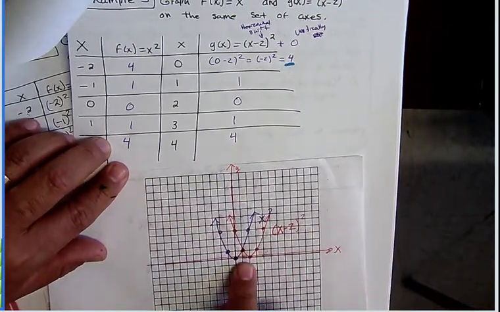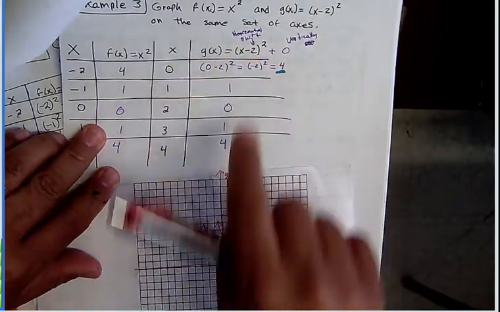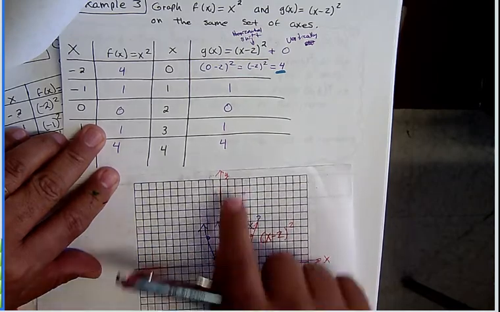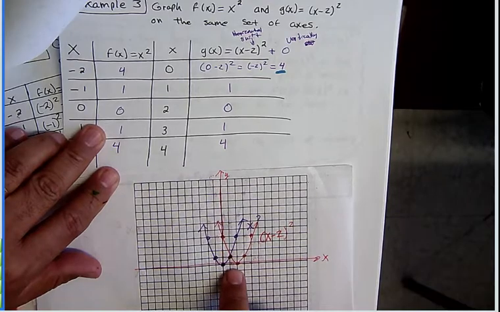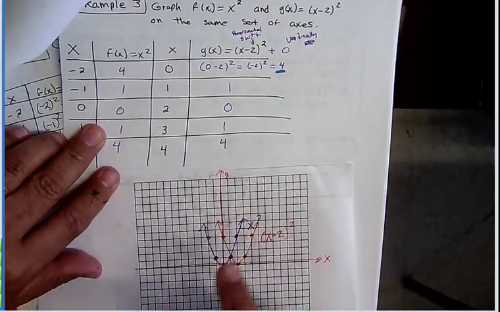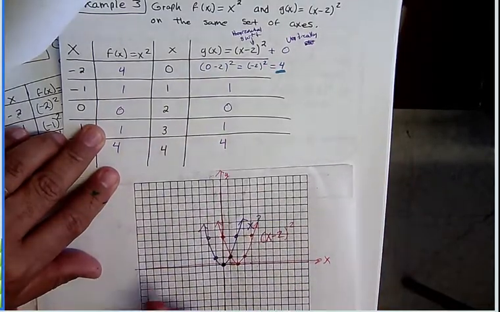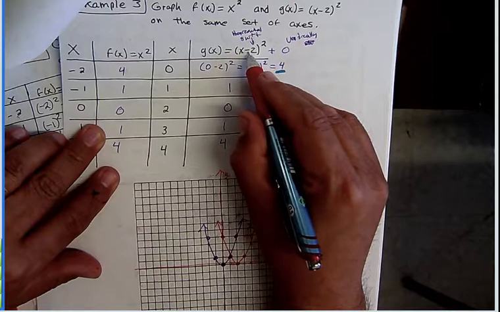So all they want you guys to know is that when you have the number inside the parentheses, the graph is going to move along the x-axis. So in this particular case, it moved 2 units to the right. Now this is something that you guys should remember. The horizontal shift, the movement along the x-axis, is always the opposite of that sign.